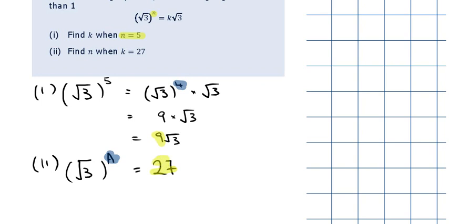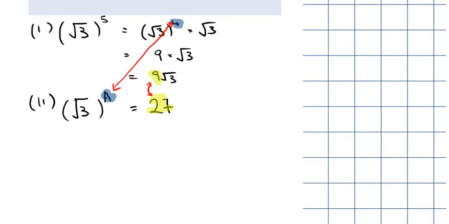Just like here before, here I have a 27, and here I'm trying to find what my power is. It's a reverse.